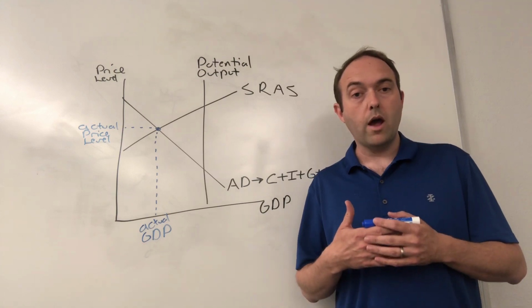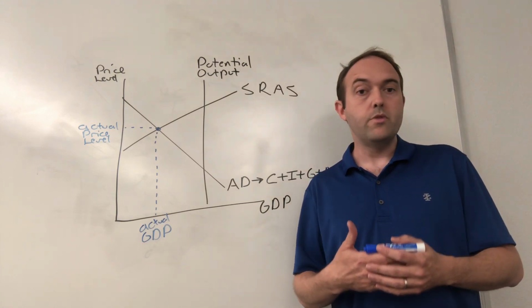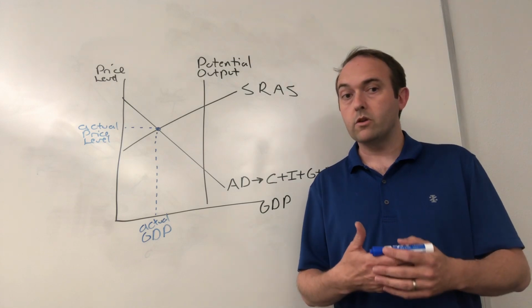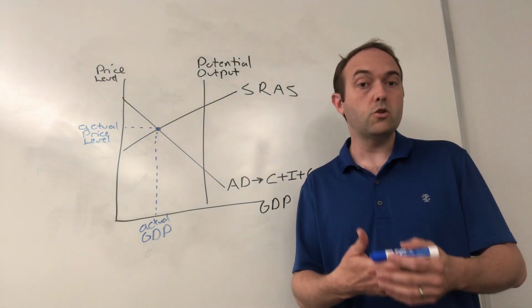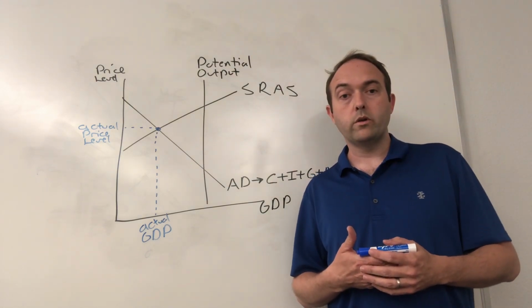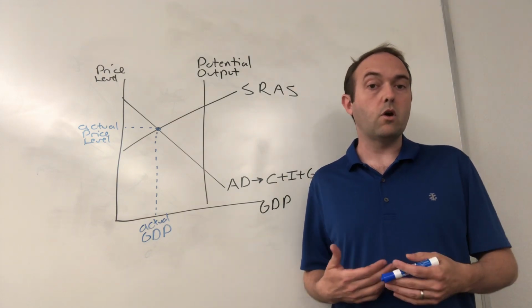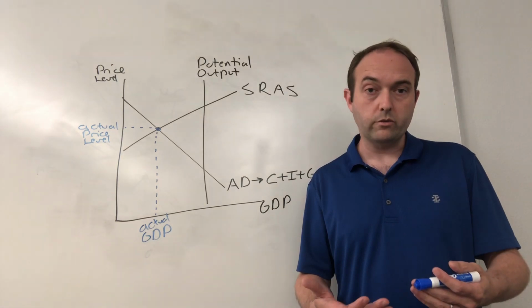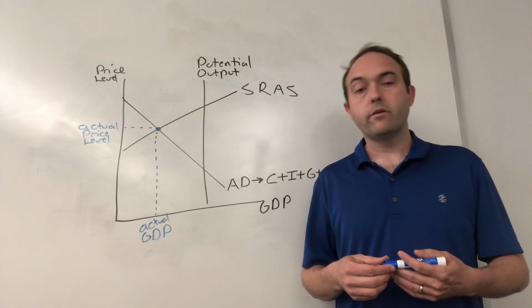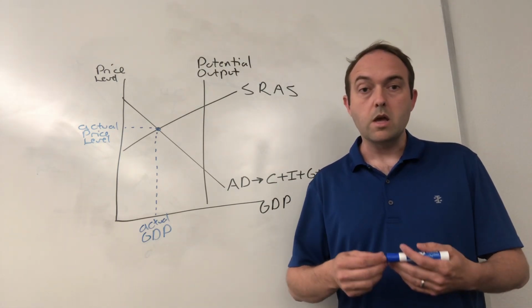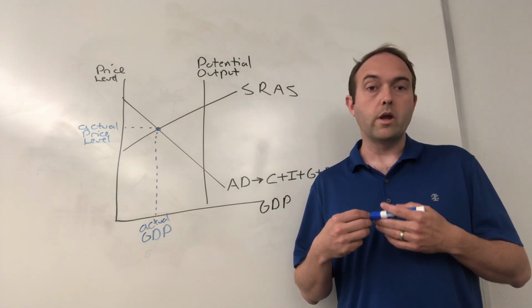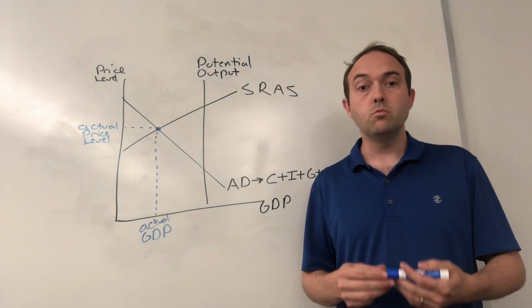So if banks have more money available to lend, they're going to be more aggressive in trying to find people to lend it to. One way that they are going to try and find new borrowers to lend that money to is to offer lower interest rates.